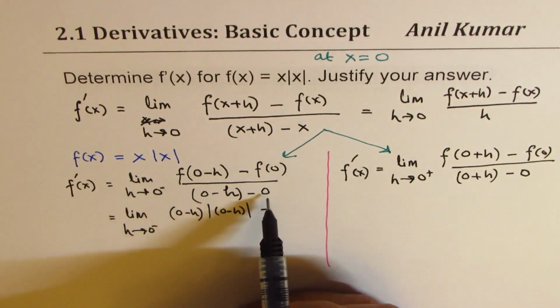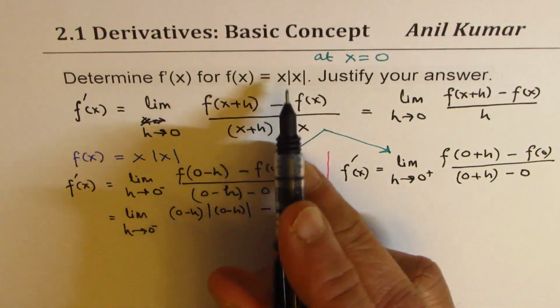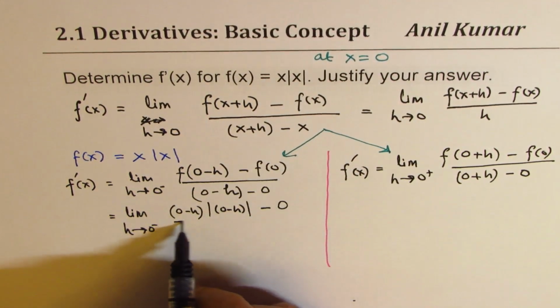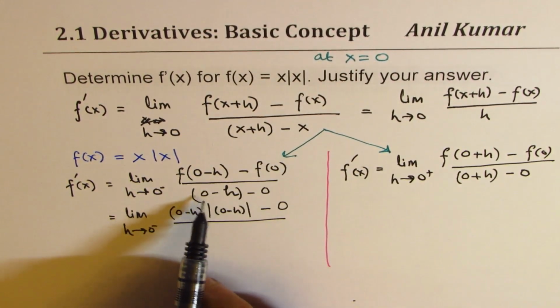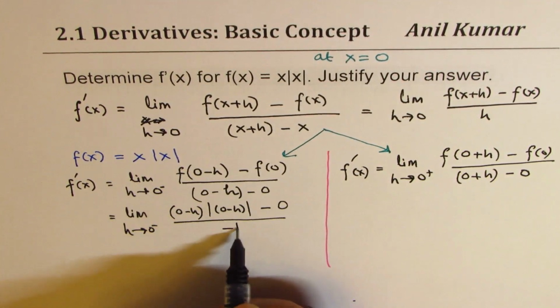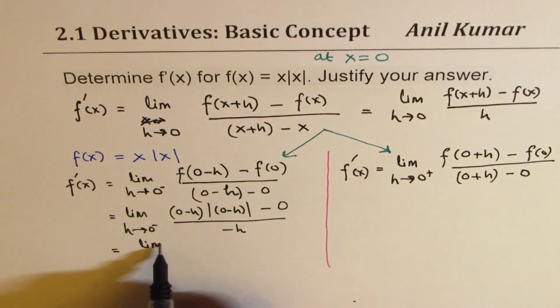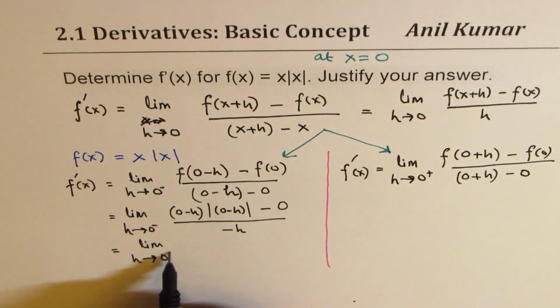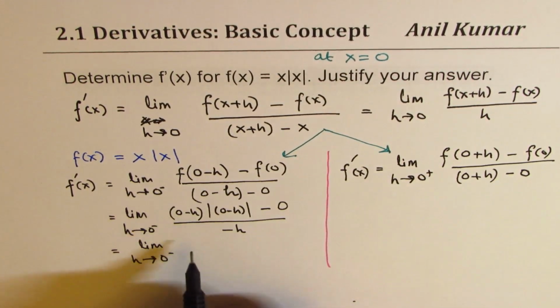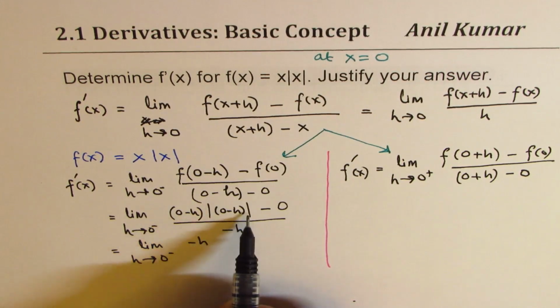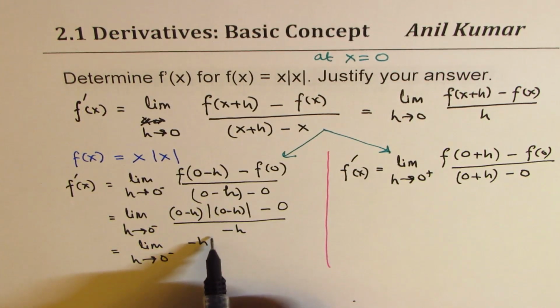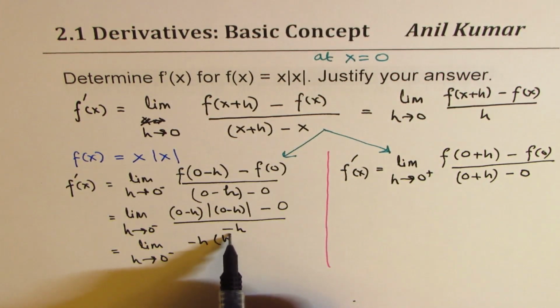Minus f of 0. So f of 0 we know is 0, divided by 0 minus h minus 0, we get minus h here. Now we have limit h approaches 0 from the left side. 0 minus h is negative h. Absolute value of minus h is positive h.